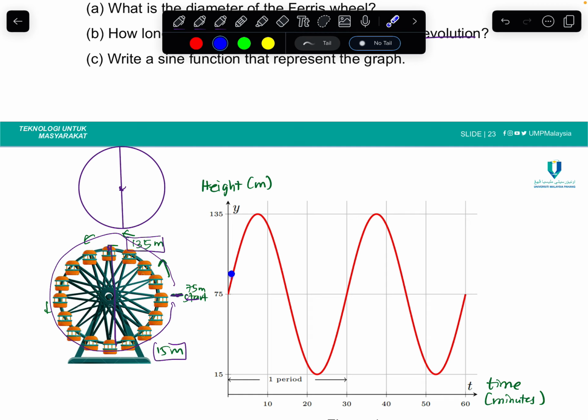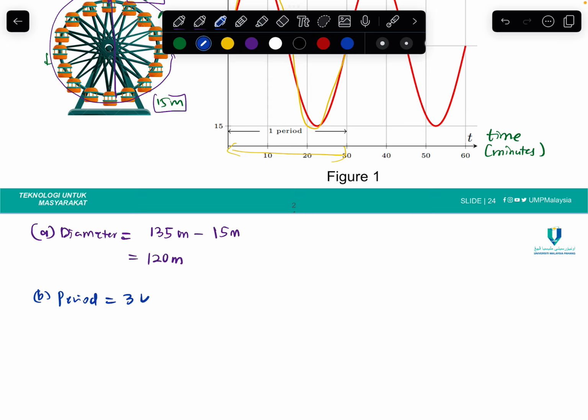One period is one unit shape, from here to here. So it is 30 minutes. So we can answer question B. Actually, we want to identify that the period is 30. So to answer the question, you can write it takes 30 minutes to complete one rotation.